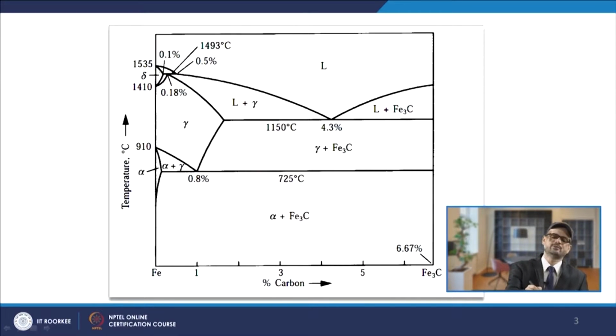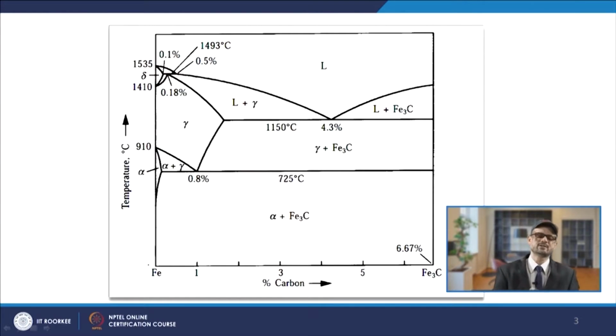Here in between you have delta iron, then gamma iron, then alpha iron. When you start alloying iron with carbon, you can see that the solubility of carbon is somewhat limited. At room temperature it is very small, 0.002 percent.